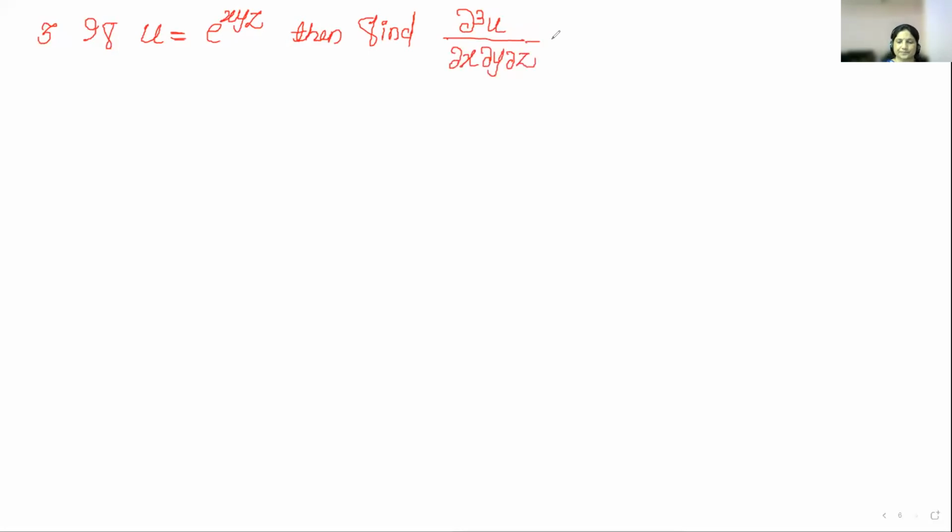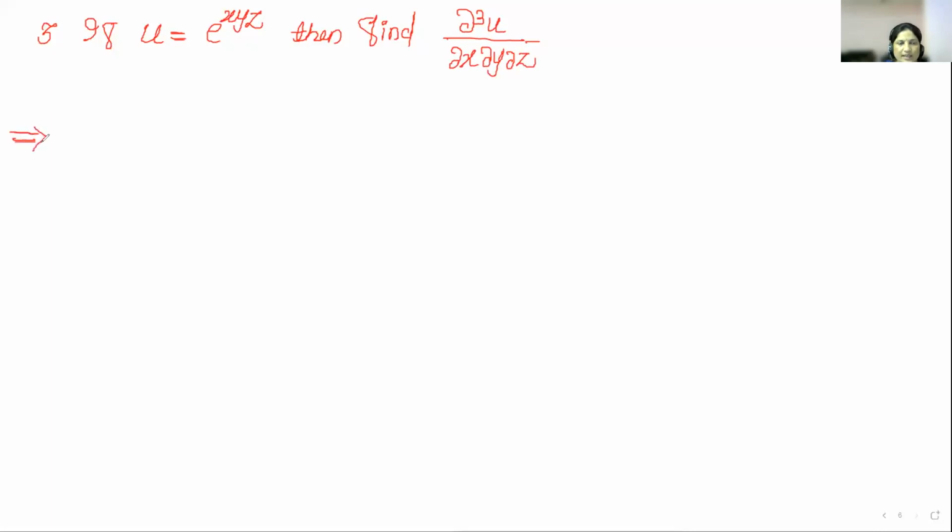Now next example. If u is equal to e raised to xyz, then find ∂³u divided by ∂x ∂y ∂z.